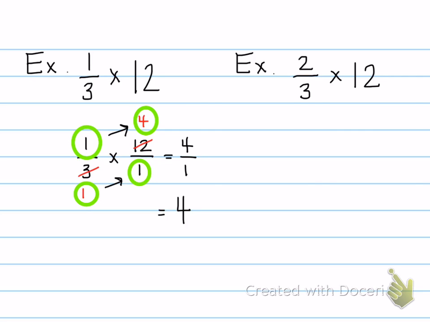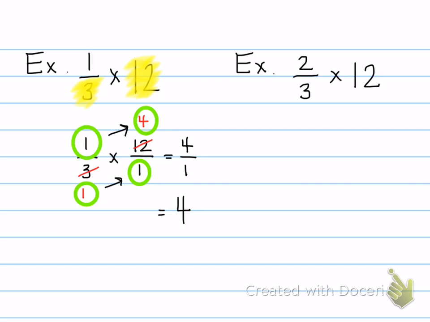So a third of 12 is 4. And that easily works because you saw that 3 went into 12 4 times. You're basically breaking 12 into 3 equal parts because you're finding 1/3 of it. You should be able to use that information in the second example, and we'll talk about it after we solve this the normal way.